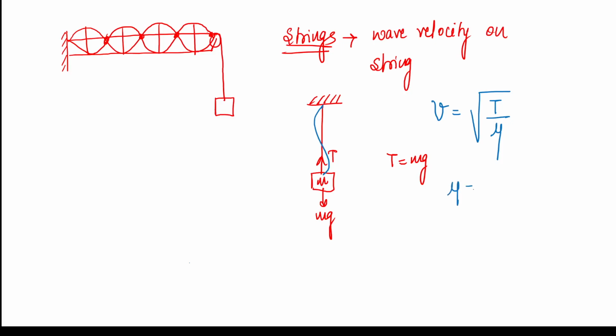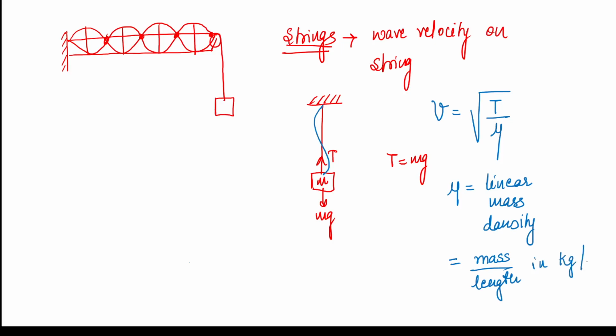So mu here is linear mass density, and is equal to the mass of the string divided by the length of the string, and is measured in kg per meter.